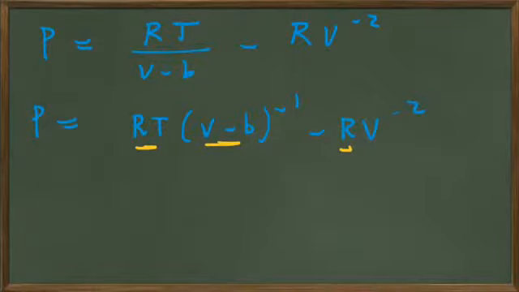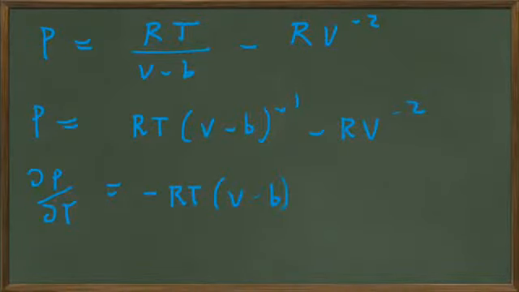So we're going to use the chain rule in the first term and the simple power rule on the next term for taking the partial. So partial p partial v is, and we just have a constant here, rt, so we're going to bring this power down, so it's minus 1 rt times v minus b to the minus 2 power times the derivative of the inside with respect to v.